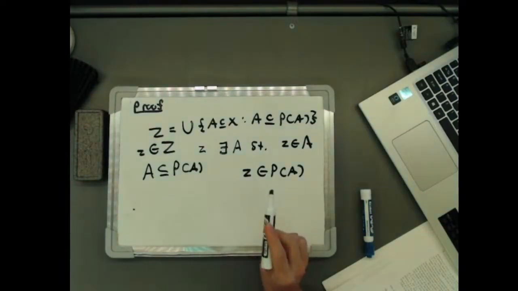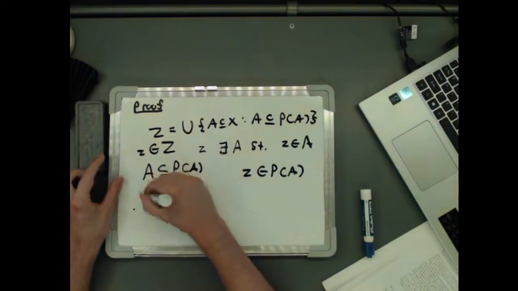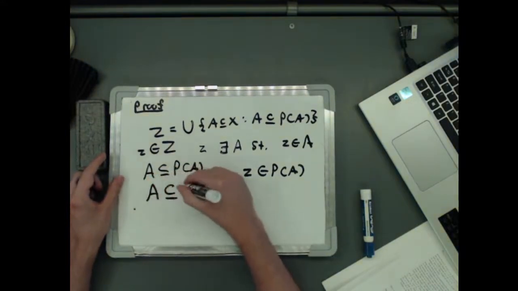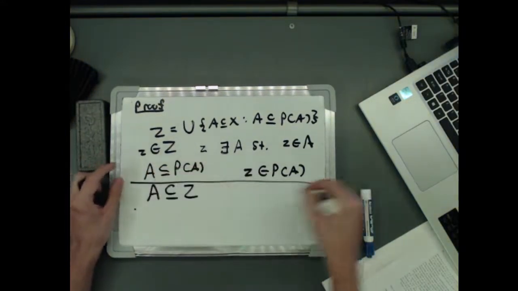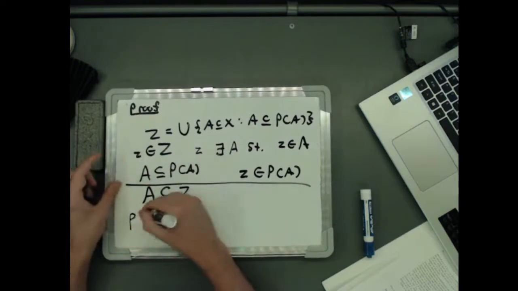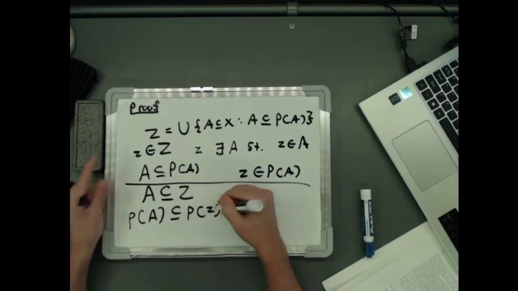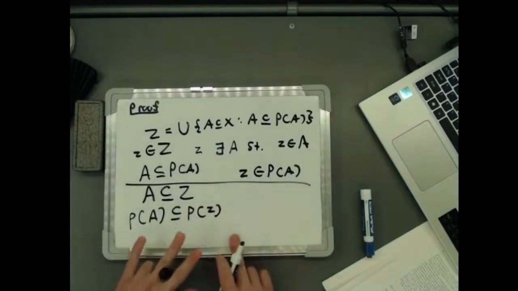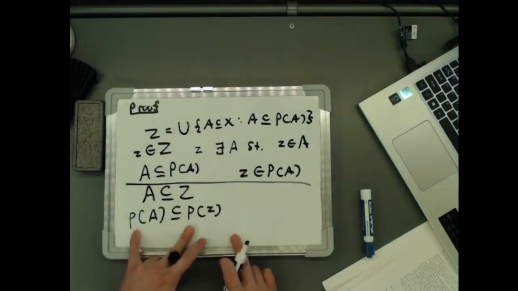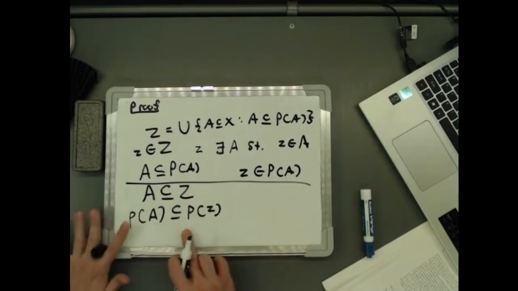Now, because A is a subset of Z, P of A is a subset of P of Z. That is by our hypothesis of the function P, what we've defined it to be.